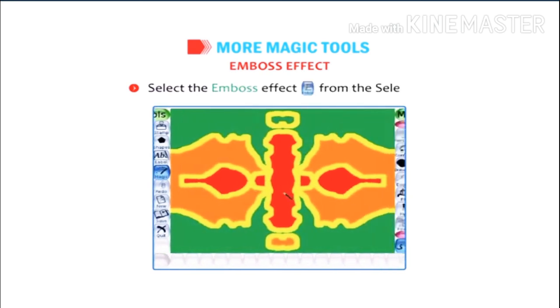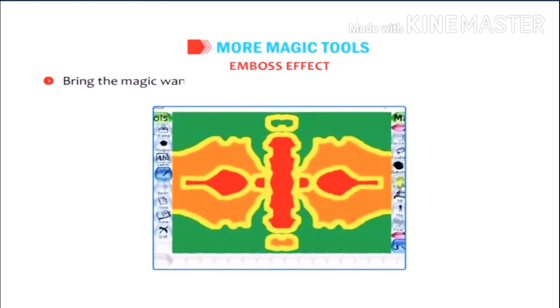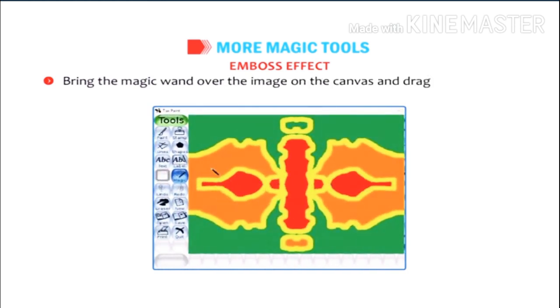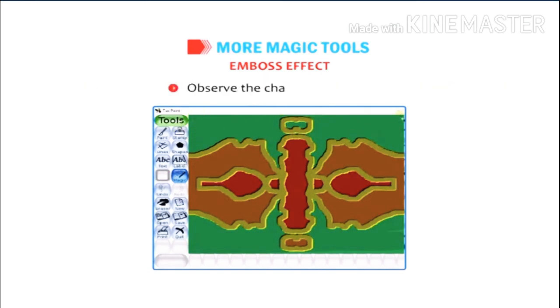Select the emboss effect from the selector. Bring the magic wand over the image on the canvas and drag the mouse to emboss the image. Observe the change in the image.